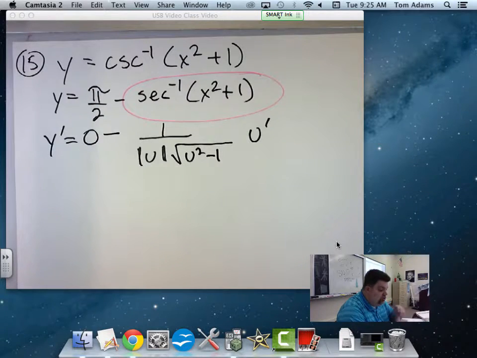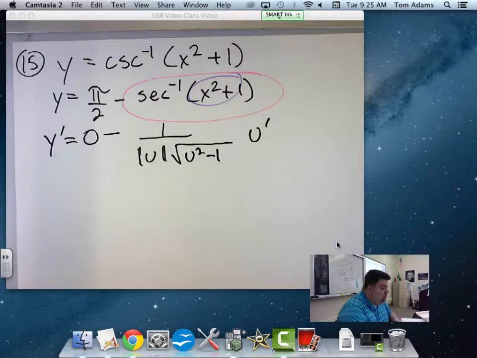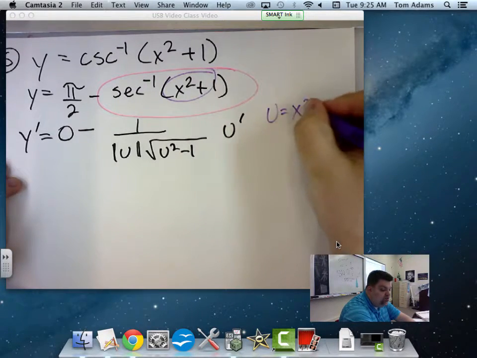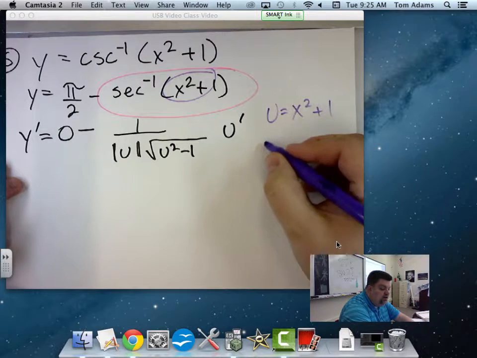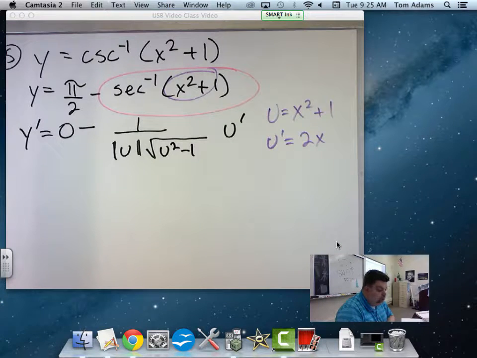So the stuff is u, so we're going to have to use some u substitution. We're going to say that u is equal to x squared plus 1, and then u prime is equal to 2x. Okay? Does anybody have any questions about that up to this point?